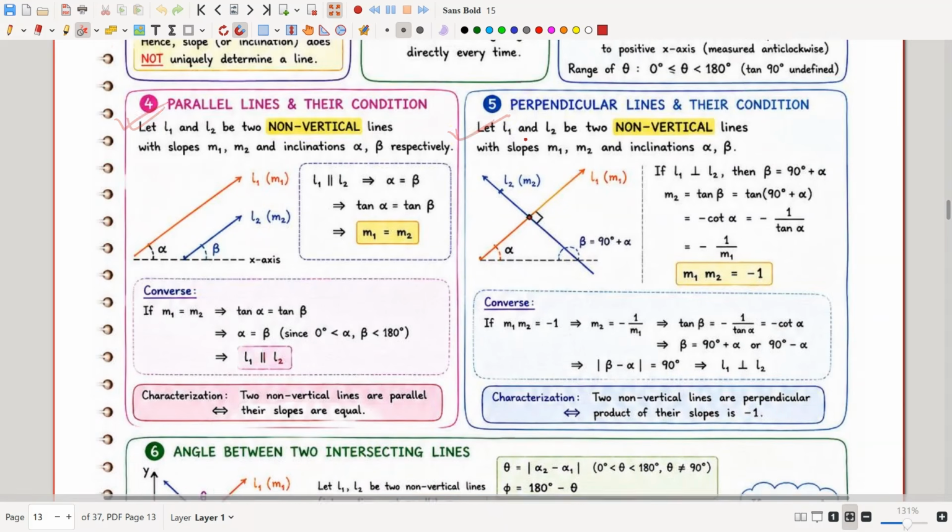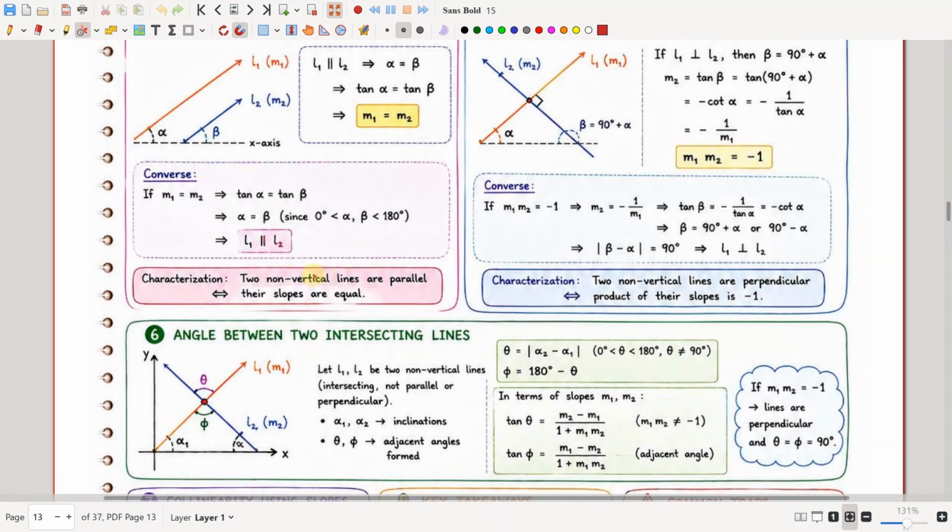The characterization here is: two non-vertical lines are parallel if and only if their slopes are equal, and two non-vertical lines are perpendicular if and only if the product of their slopes is -1. I'm emphasizing the if and only if conditions here because it goes two ways.